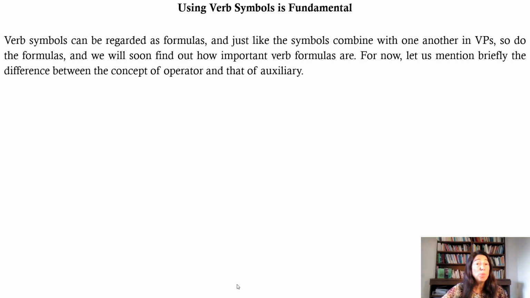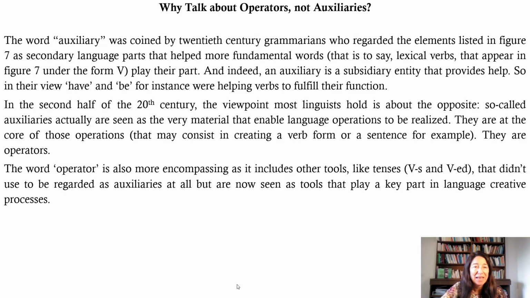And I hope you understand that using verb symbols is really easy and fundamental for you to avoid quite a few mistakes. So very quickly, why talk about operators, not auxiliaries?